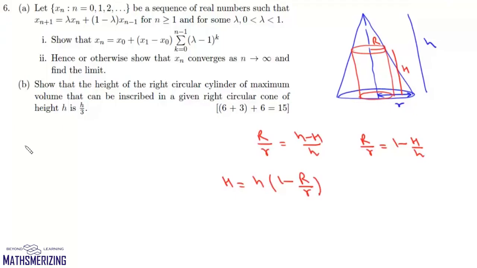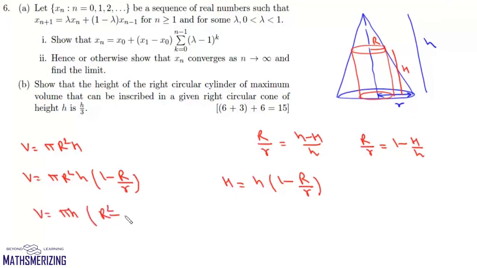Now we'll write the volume of the cylinder. Volume of the cylinder will be pi R square capital H, and will be pi R square, and we'll put capital H as small h (1 minus R by r), or pi h (R square minus R cube by r).